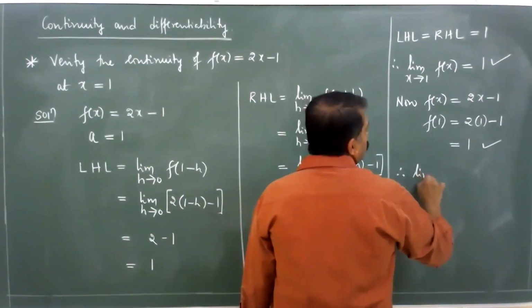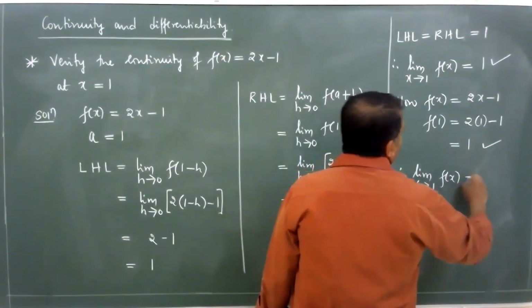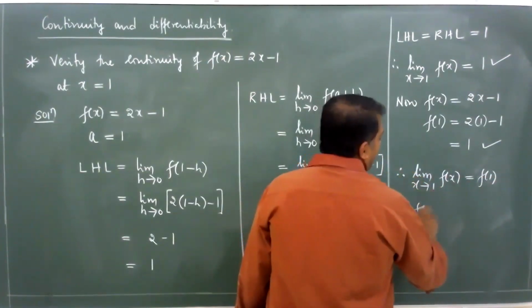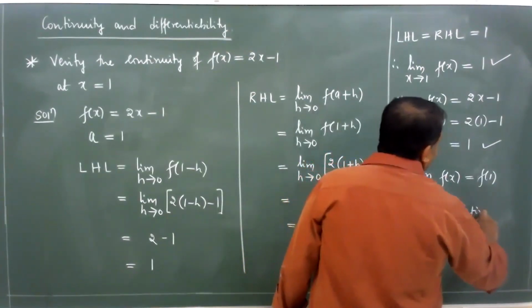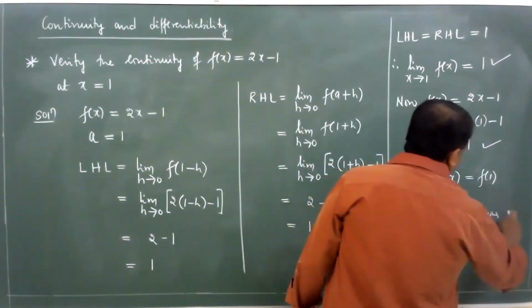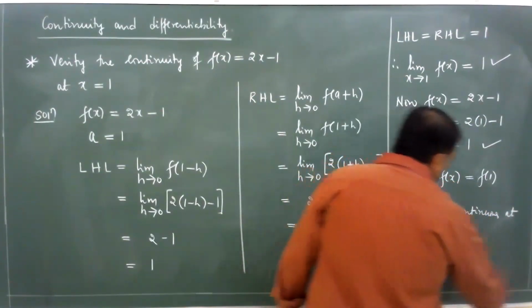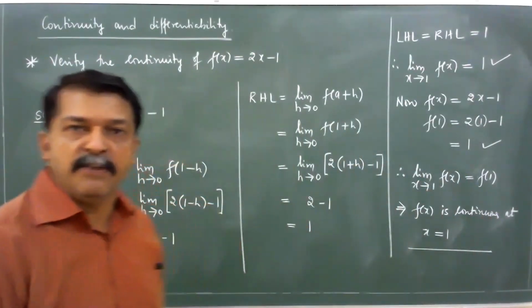Therefore, I can conclude limit x tends to 1 f of x is equal to f of 1, which implies f of x is continuous at x is equal to 1.